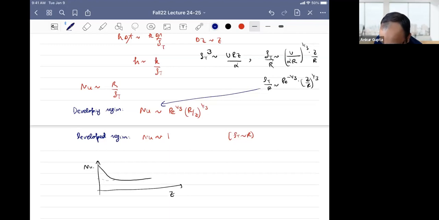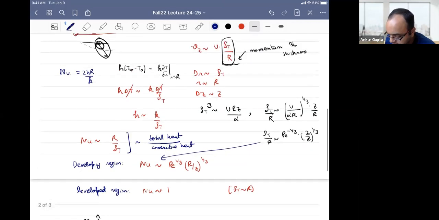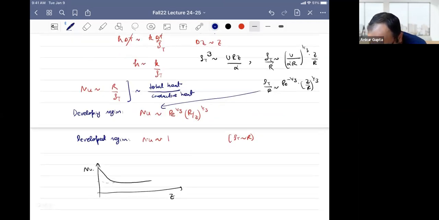So basically, this is a ratio, and I prefer to use this definition. This is not something I would say is very textbook-like, but to me, this has always clarified more. It is total heat transfer by conductive heat transfer. This is the way I am defining it.